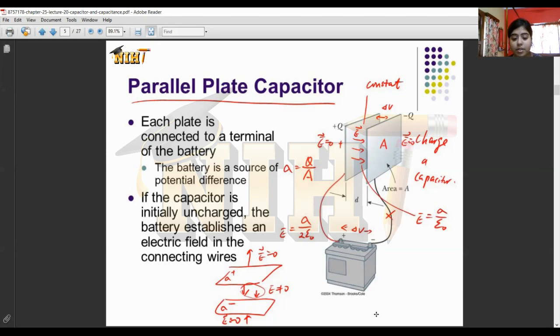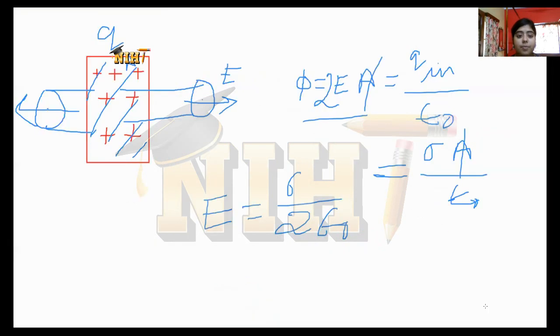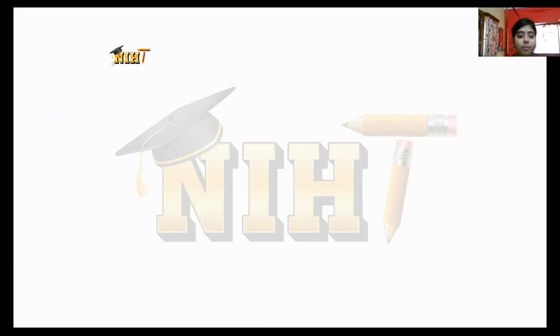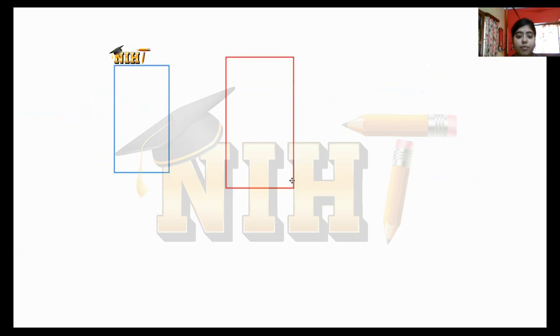So suppose there are two sheets of charges. This is positively charged, and this is also positively charged.